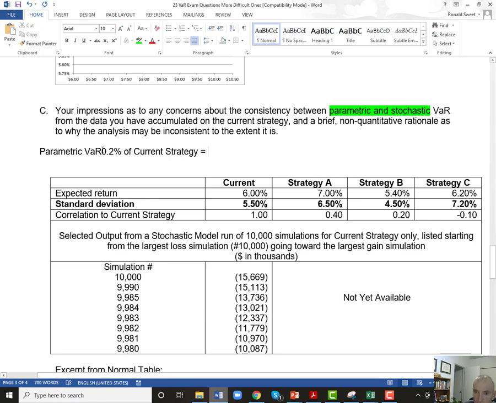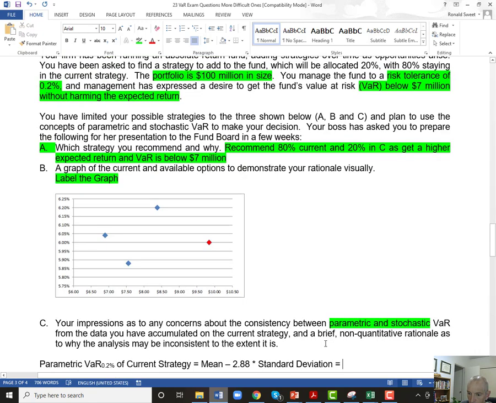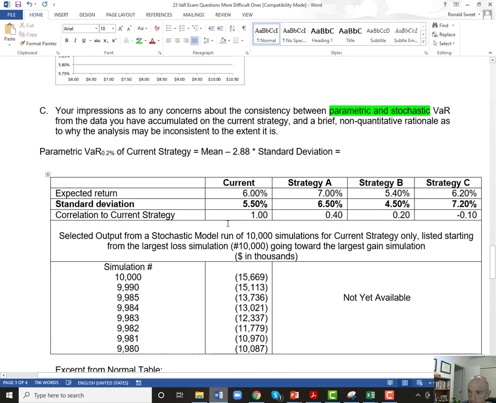so remember how we do parametric VAR. So we know that it's going to be the mean minus 2.88 times our standard deviation, because we're looking at a 2.88 event. So our mean in this case is 0.06 minus 2.88 times 0.055, and we'll do it again, the absolute value of that.